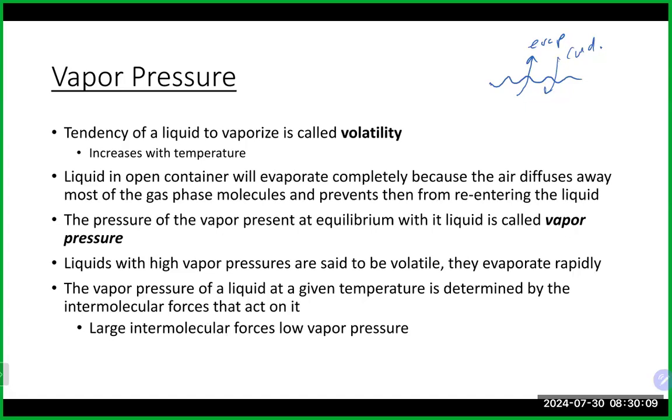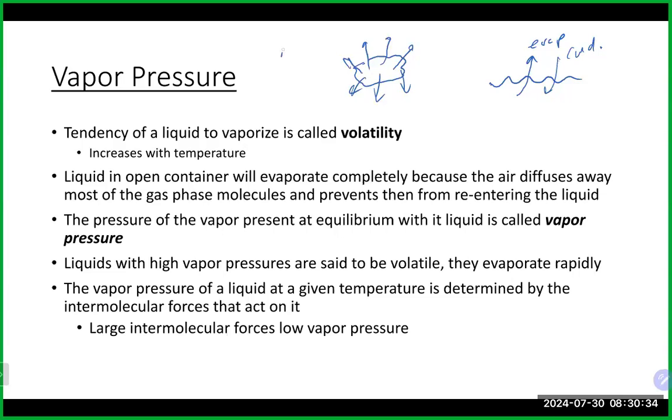Now, if you have just a little drop of liquid on, say, the desk or the bench, it will eventually evaporate pretty easily by itself. That's because you're going to have a lot of evaporation happening at all points.